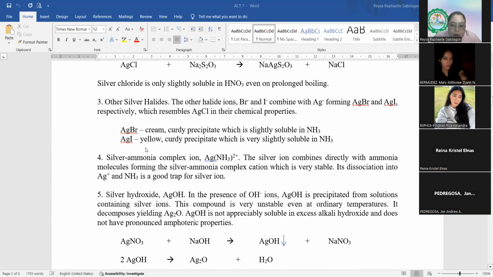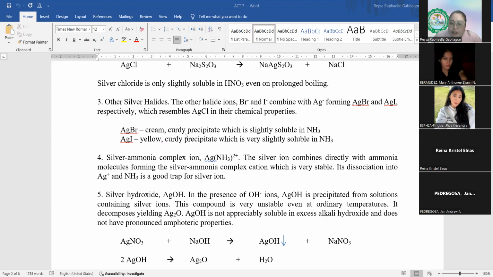So, for the others, we have here a combination of silver and bromine. We call that silver bromide. If we see the precipitate of silver bromide, it's actually cream in color. So, it's really not white. It's cream, but it's still a curdy precipitate, which is slightly soluble in ammonia.